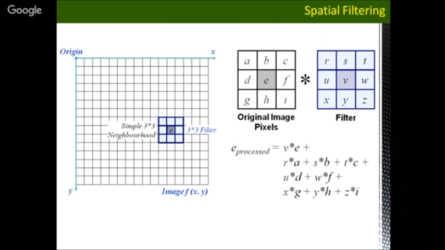Now, as I told you already, the processed E is the output of this mask, which will be the sum of all products, what we call SOP, sum of products. So these are all products summed together. And when you are summing so many together, you must make sure that R, S, T, U, V, W, X, Y, Z should not be too large a value.